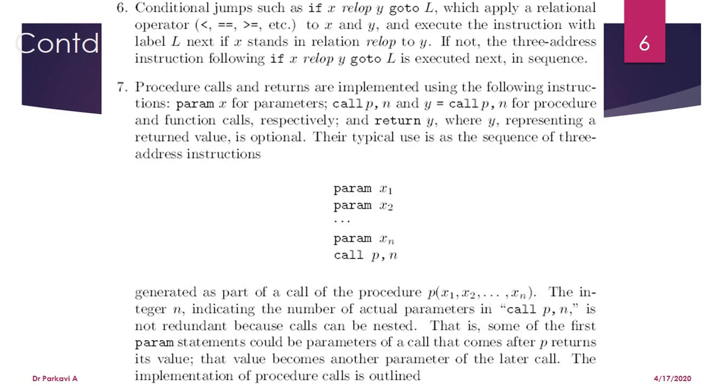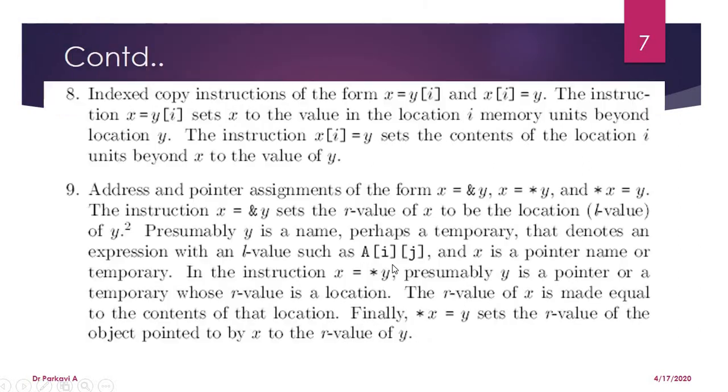Then call procedure name, comma, the total number of parameters. This is the form in which the parameter list will be listed, then calling the procedure followed by the number of parameters.